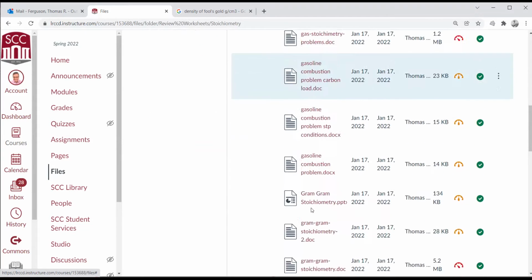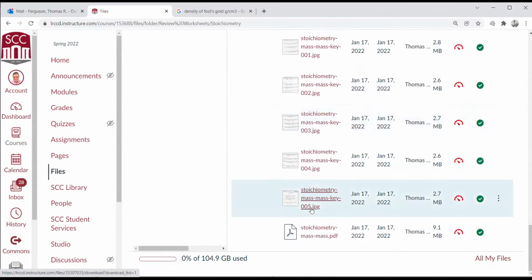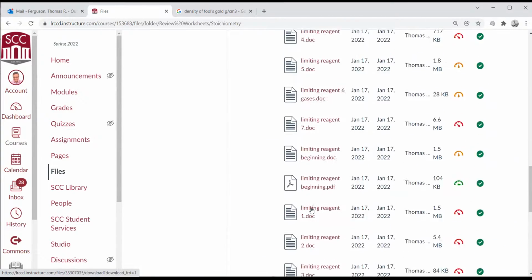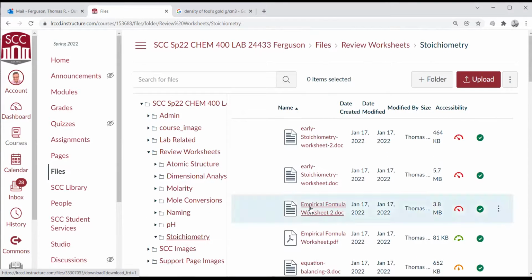In fact, I have lots of worksheets here. Look at them all. Lots of practice in this. Now, this is real important to get down solidly for this class. You'll be doing lots of stoichiometry in here.